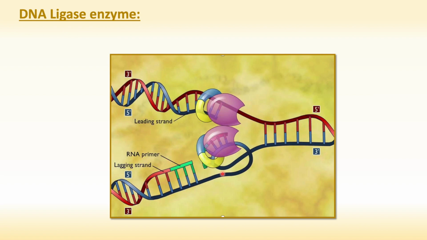On the lagging strand, the replication process occurs in small segments as DNA polymerase works in the opposite direction. Each Okazaki fragment is then joined together by the DNA ligase enzyme to form a continuous strand like the leading strand.